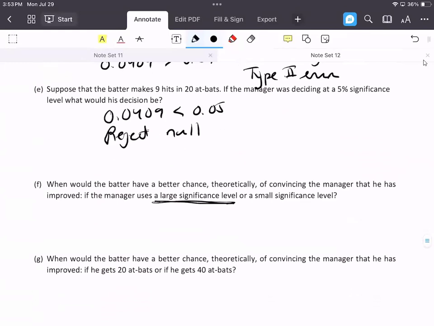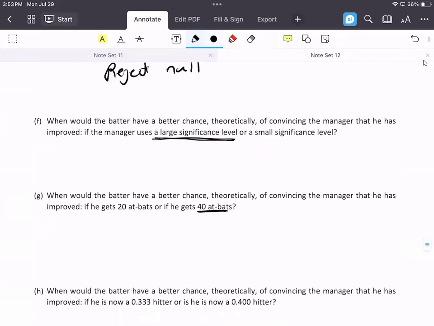G, when would the batter have a better chance, theoretically, of convincing the manager that he has improved? If he gets 20 times at bat or if he gets 40? Assuming that he has improved and is getting adequate rest in between those times at bat, theoretically, if you really are doing better, then the more chances you have, the better you'll be able to show that you actually are doing better. So more times at bat is better. The margin of error goes down as n goes up.